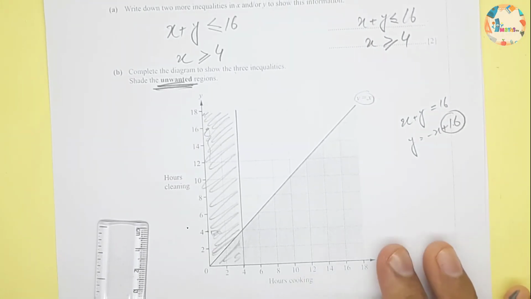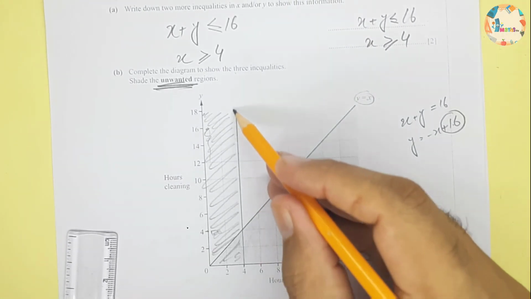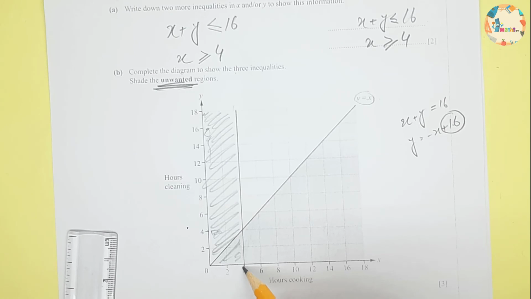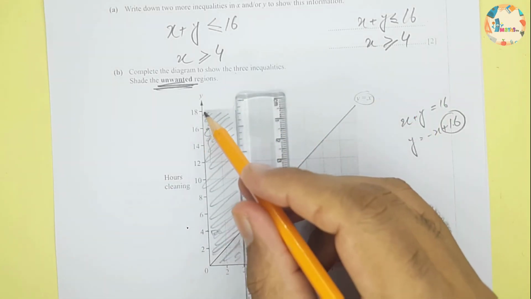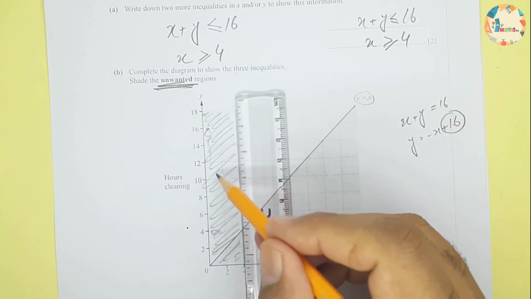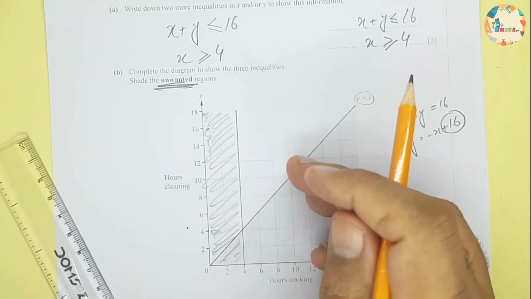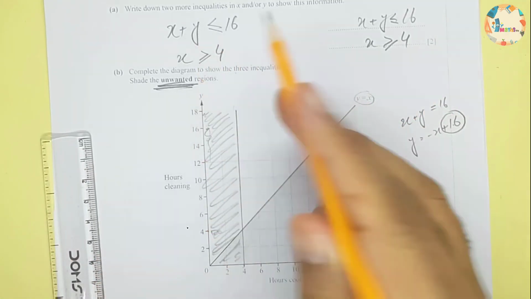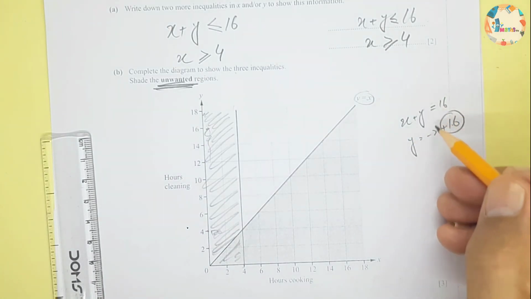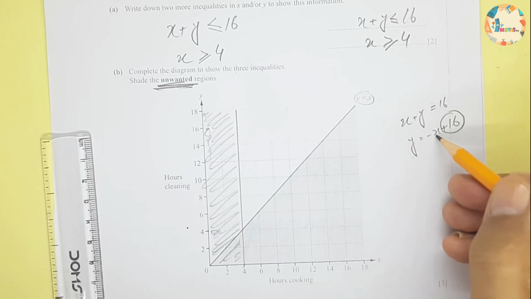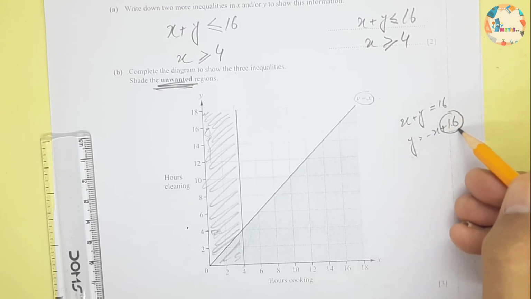So far we have drawn this line, x equal to 4, and placed the scale. This is the unwanted region, so we have shaded this one. And now we are dealing with y equal to minus x plus 16, and this is basically the y-intercept.